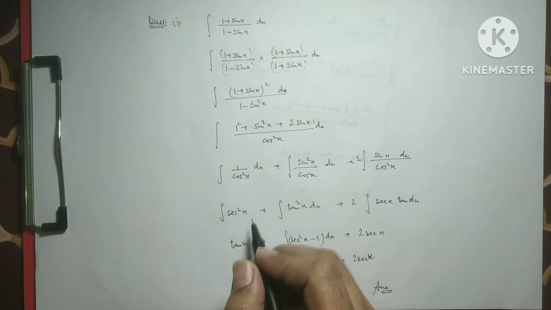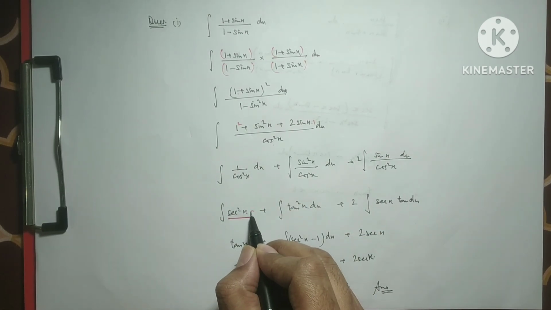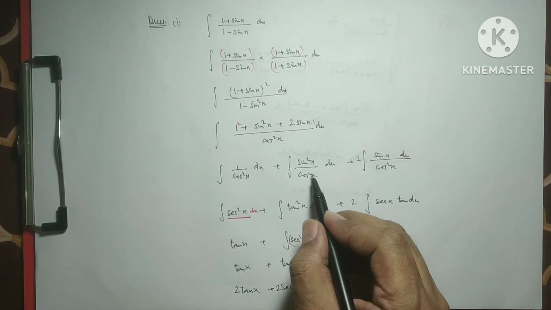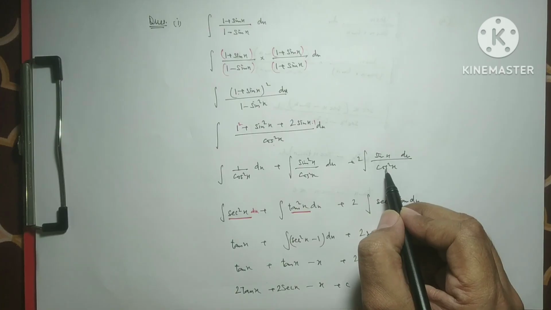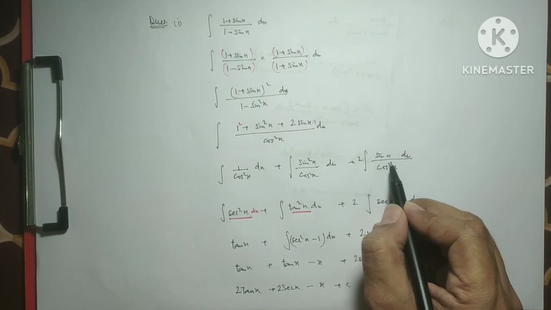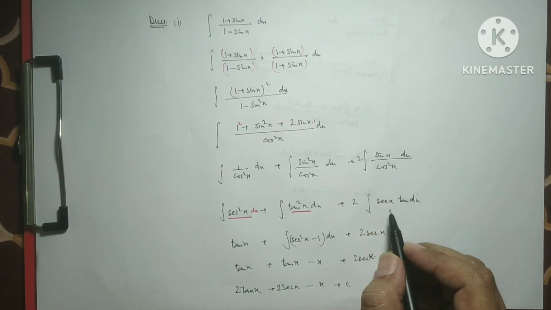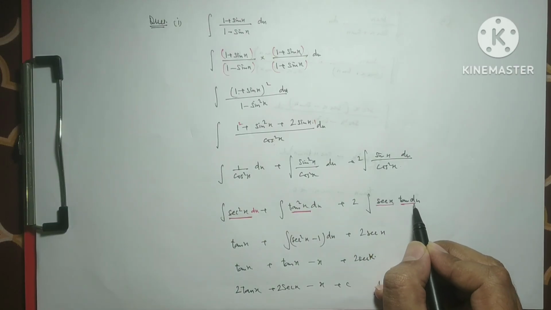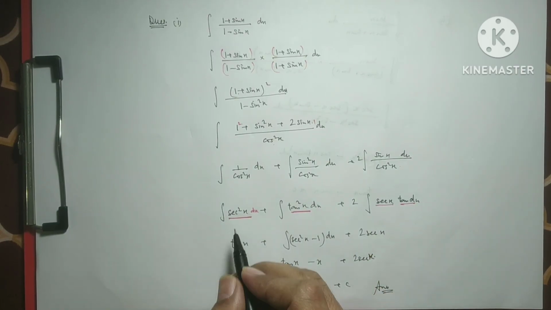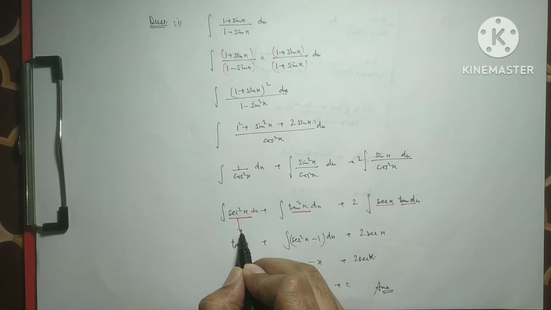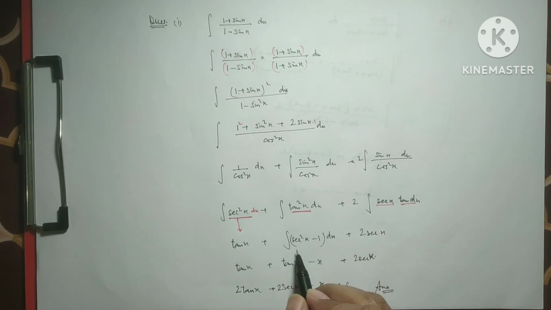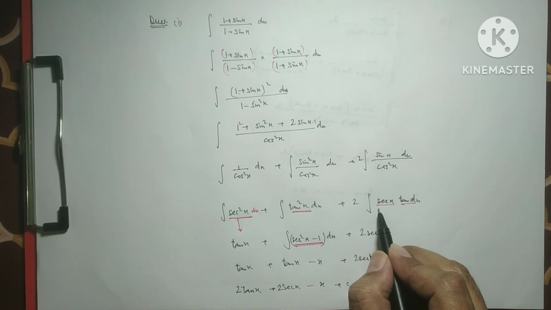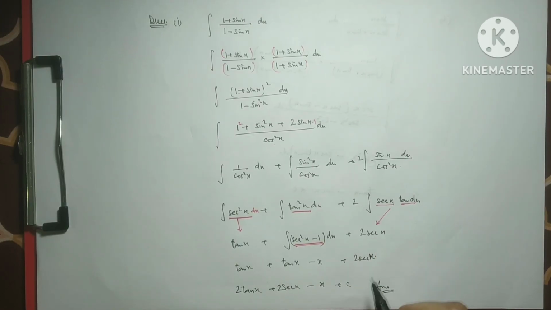So 1 over cos square becomes sec square x, and sin square over cos square is tan square x, and we separate these two cos, so it is 1 over cos and sin over cos, that becomes sec x and tan x in multiplication. So the integration of sec square x is tan x, and tan square x we can write as sec square x minus 1, and the integration of sec x tan x is sec x.